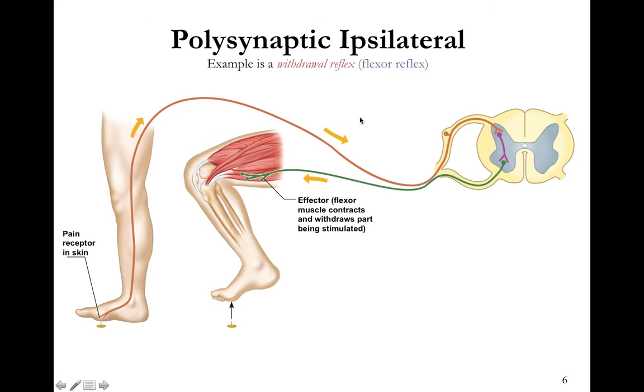Okay? This is showing you an example of a polysynaptic ipsilateral reflex arc, which is a withdrawal reflex. So polysynaptic because look, we have this interneuron, we have more than 1 synapse. Ipsilateral because it's on the same side.